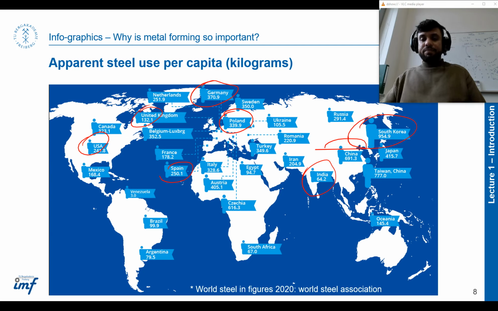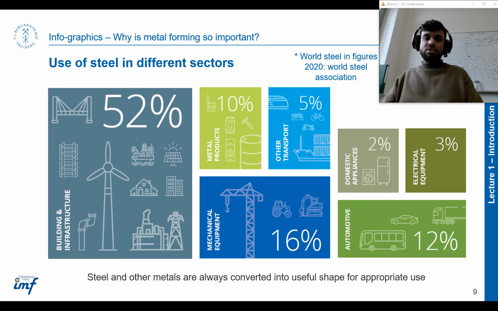So this is the demographic of how steel is being used. We can also see in what fashion the steel is used. Generally, we see that almost 50%, 52% is mentioned here, is used in construction, building and infrastructure, to construct bridges, roads, buildings, wind turbines, and so on.